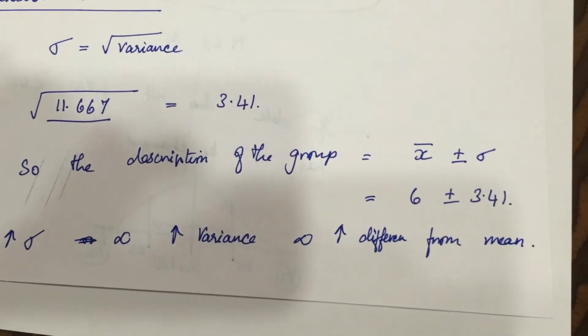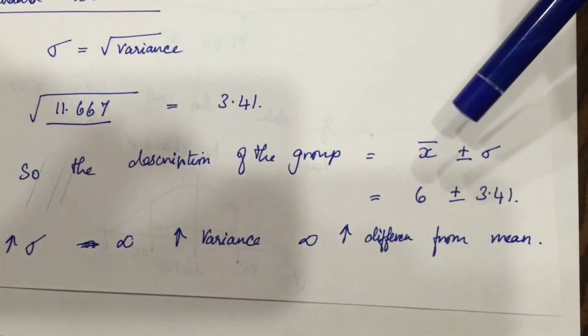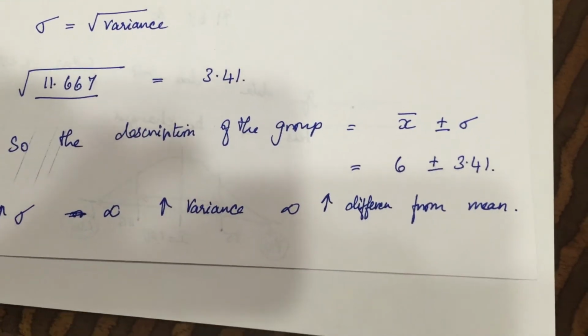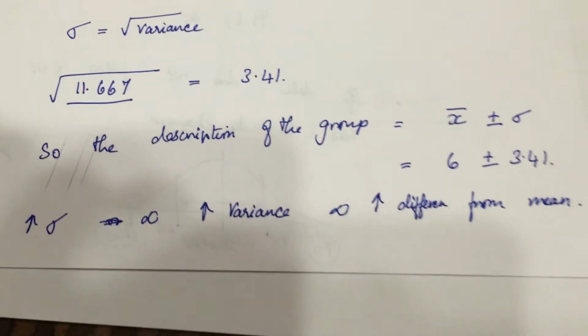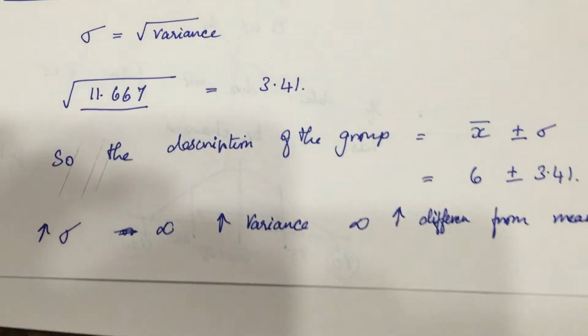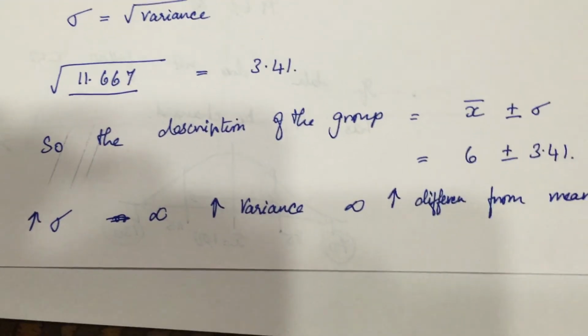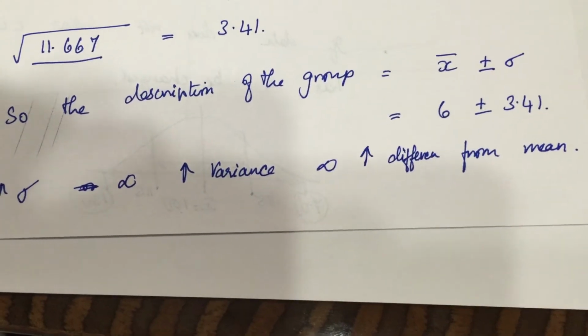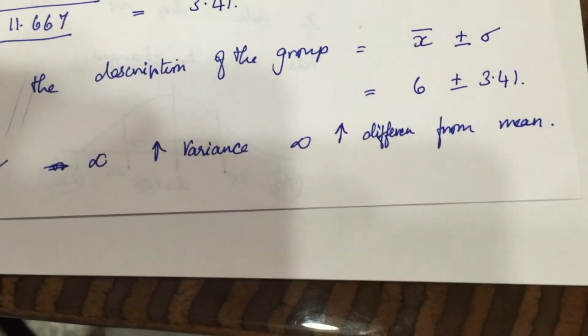So when you describe a group, we normally say the group mean and standard deviation is 6 plus or minus 3.41. So if the standard deviation is very wide, it means that the variability is also very wide, and that the numbers are much higher and lower than the mean.